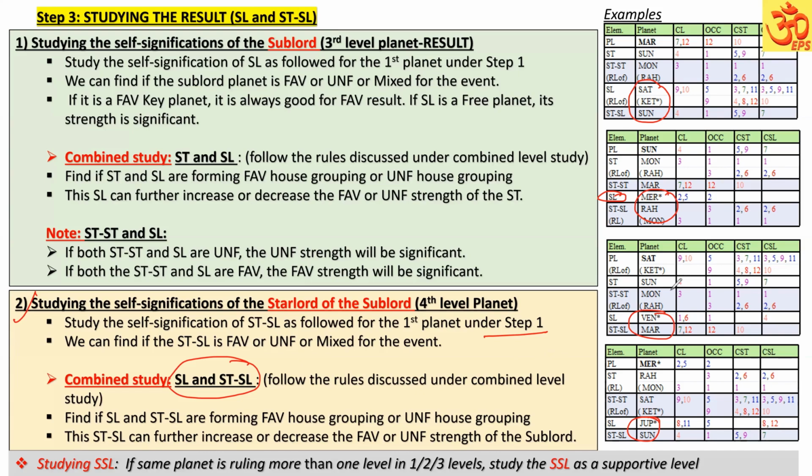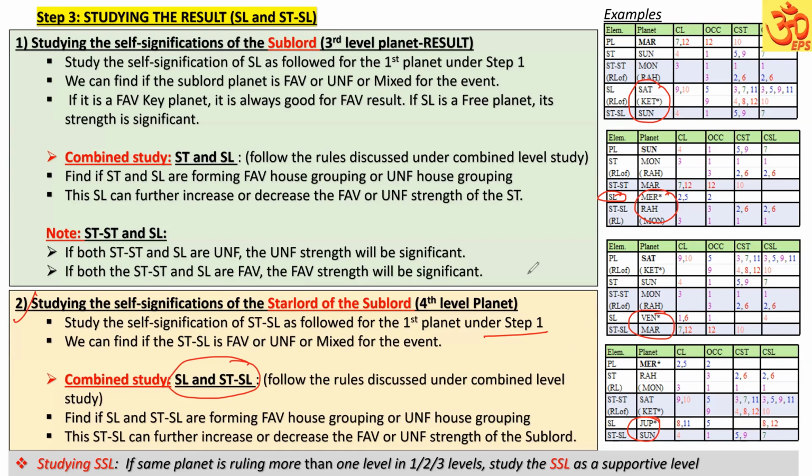It is not required that you complete the 4th step and only then go to the 5th step. You can combine 3, 4, 5, because everything is within this table only. In order to avoid missing any step in the combined study, I am making these steps, so that you will understand their importance, and once you get used to it, you can follow according to your convenience. But we should not miss any step.